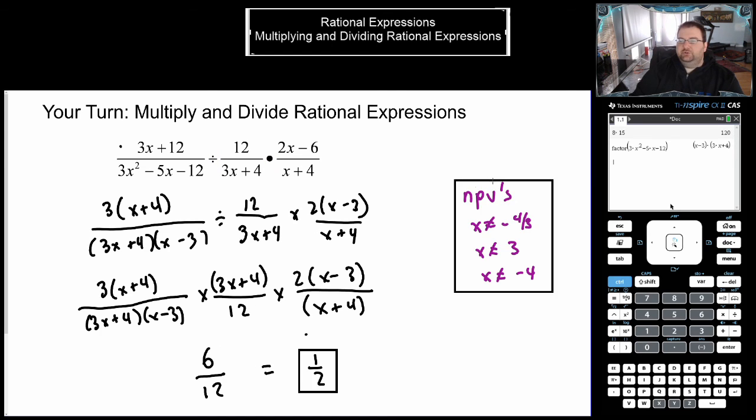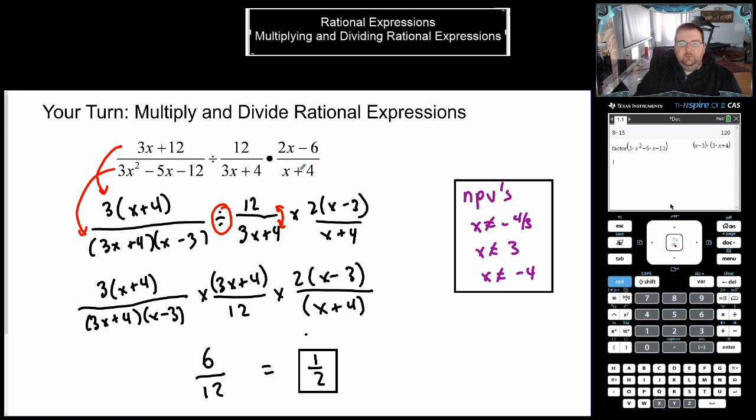Let's go through the solution. So we started off by factoring the 3 out of the top here, and factoring this one into 3x plus 4 and x minus 3. Then we multiplied by the reciprocal. So we multiplied and swapped these two. And this one gets left the same, right?